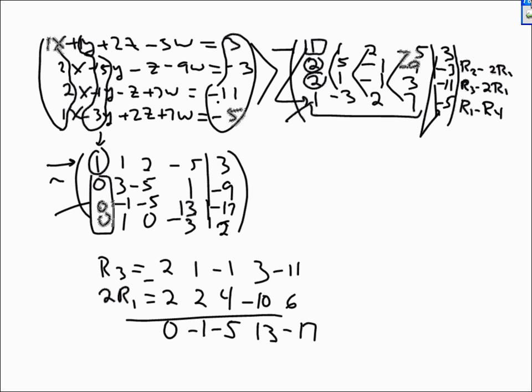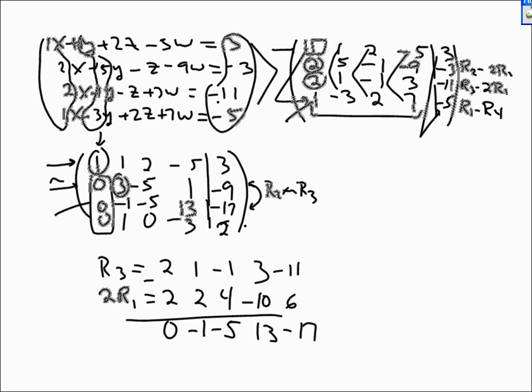Now I go to column 2. I see a lot of 1s, but I see a 3 in row 2 for their leading entry. I don't want that. I'm going to switch, say, these 2 rows. Row 2 gets switched with row 3.